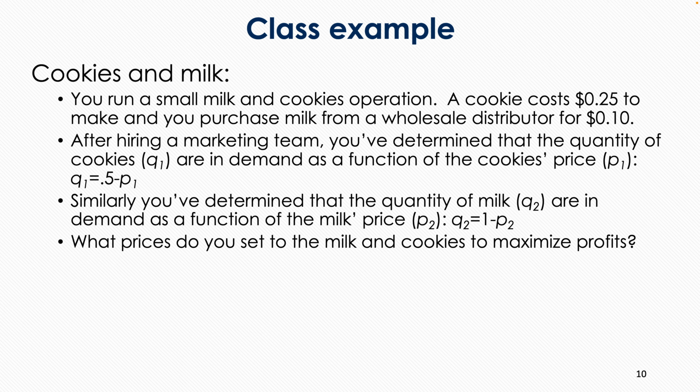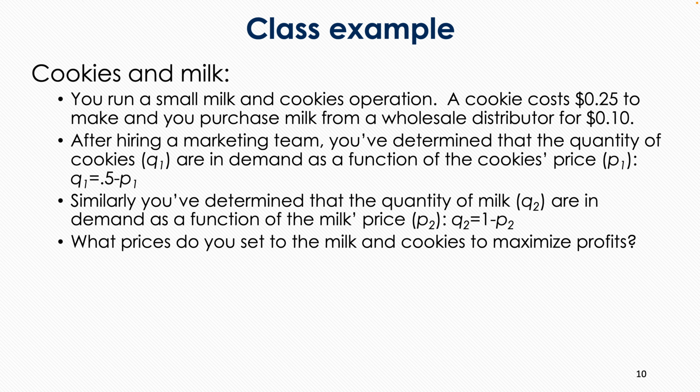My question to you, knowing all of this information, is what prices would I set to maximize my profits? I know what my costs are, and I'm the one who actually sets the price. Who can tell me what my decision variables are? Yes, P1 and P2.